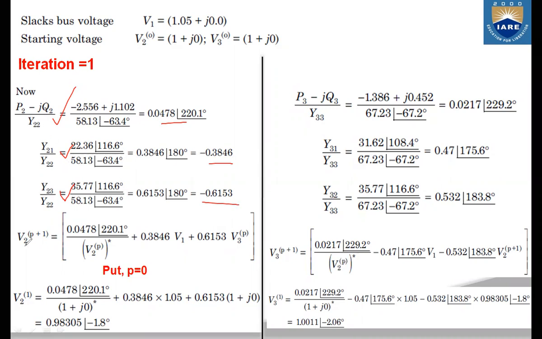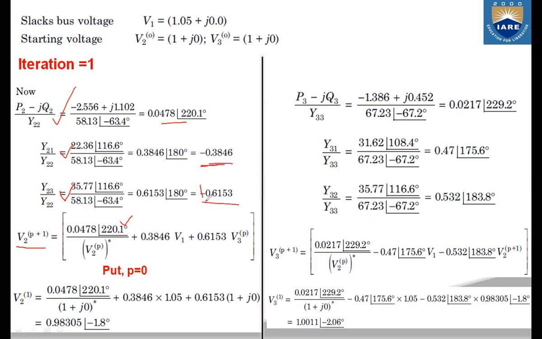Now using that equation, V2(p+1) is equal to (P2 minus jQ2) by Y22, divided by V2(p) conjugate, minus Y21 by Y22 into V1. As this value is minus, minus minus gives plus, so plus 0.3846 V1.